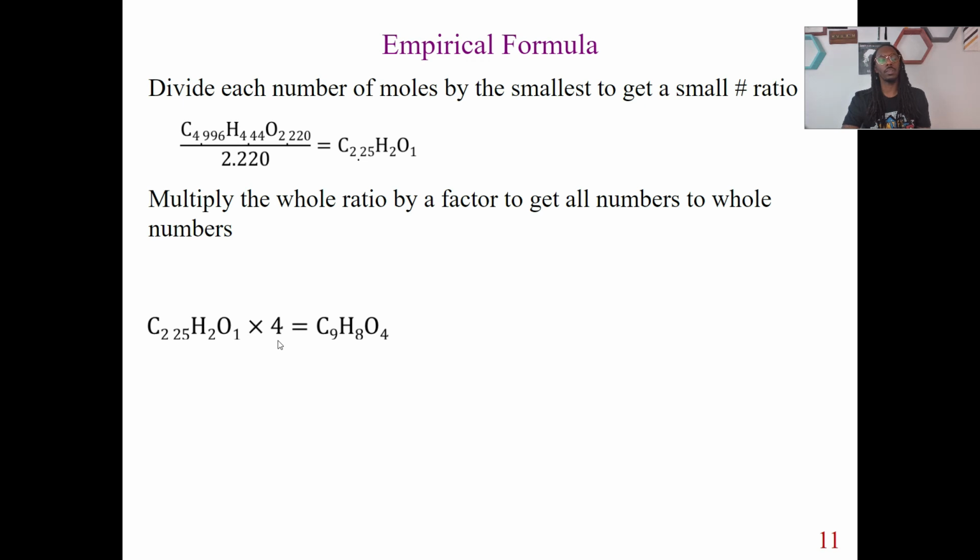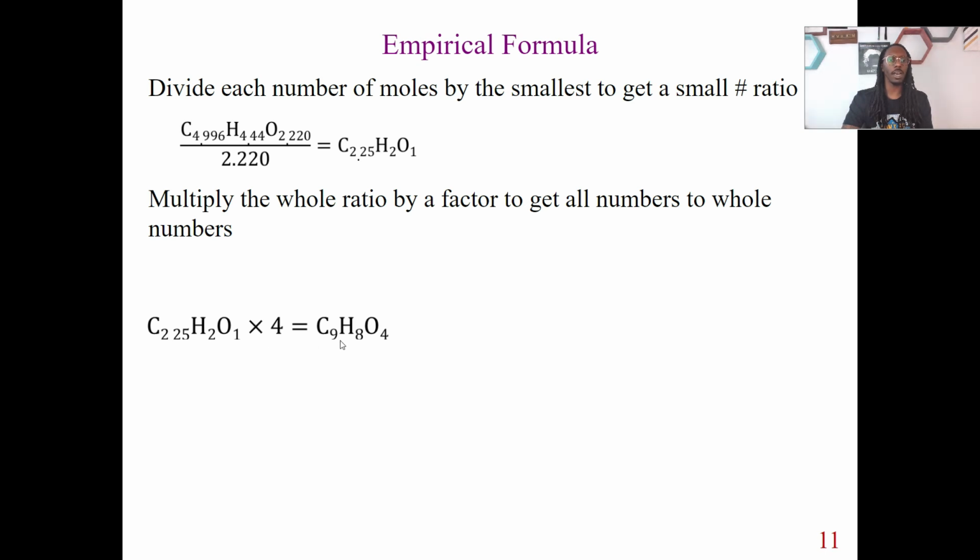Now, you need to understand as well, you have to multiply your entire formula by 4, not just one. You can't just multiply 2.25 by 4 and leave the rest as is. You have to multiply your 2.25 by 4, your hydrogen by 4, and then your oxygen by 4.